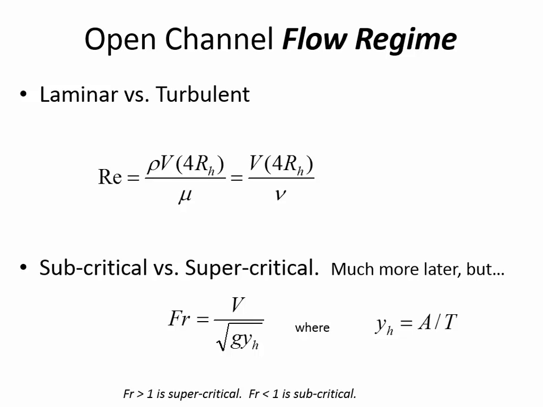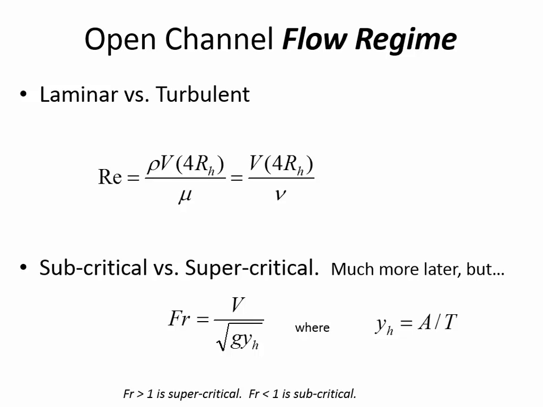This is the average flow velocity, V. And then there's something known as the hydraulic depth, Y sub H. The hydraulic depth is just the area divided by the top width. T here means the top width. Let me show you the implication of that. In a rectangular channel, the hydraulic depth and the actual depth are the same.